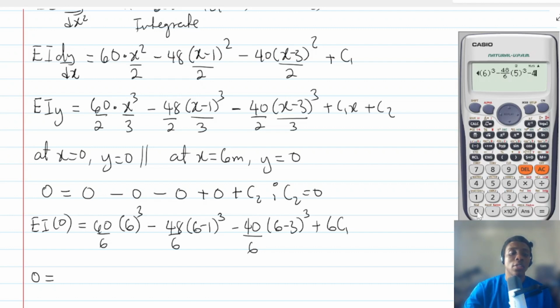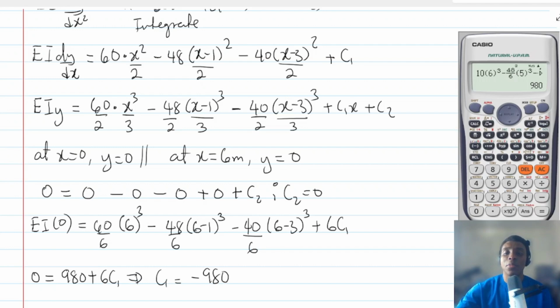Then minus 40 divided by 6, 6 minus 3 is 3, right? Cubed. Okay, so what is it going to give us? 980. So we can say that 980 plus 6 C1. Therefore C1 is what? Minus 980. Then we divide.